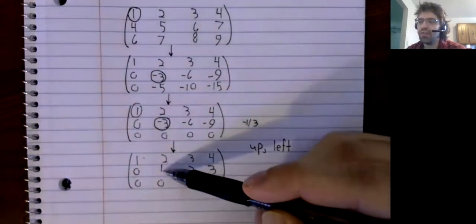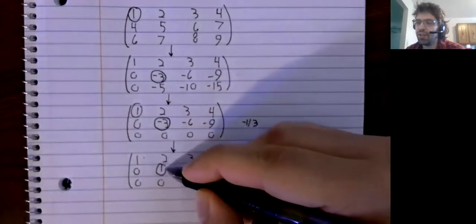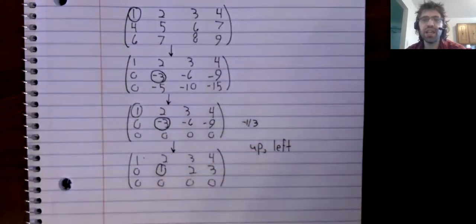We need everything above this leading entry to be 0. And we'll use the exact same process we used to eliminate numbers below leading entries during the Gaussian elimination.